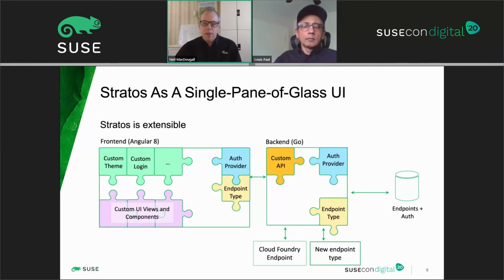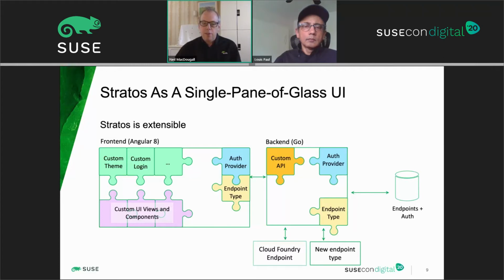And so what we've done in Stratos, as well as being able to manage things like Cloud Foundry and Kubernetes, is make it easy to extend Stratos and add new functionality. So you can see here, Stratos has a front end which runs in your web browser and a back end which provides an API server to that front end. Both of those pieces are extensible.